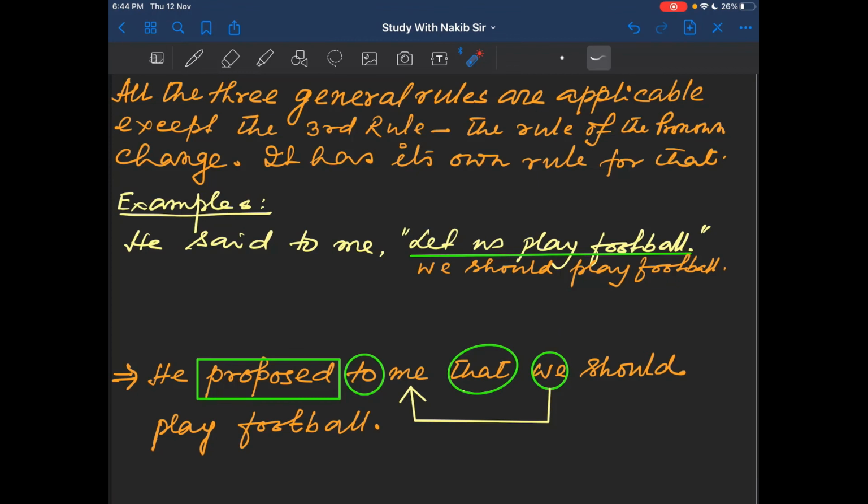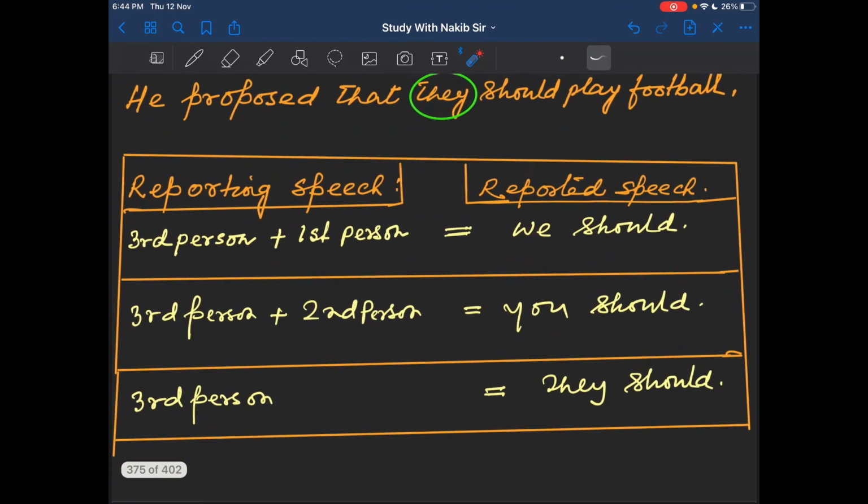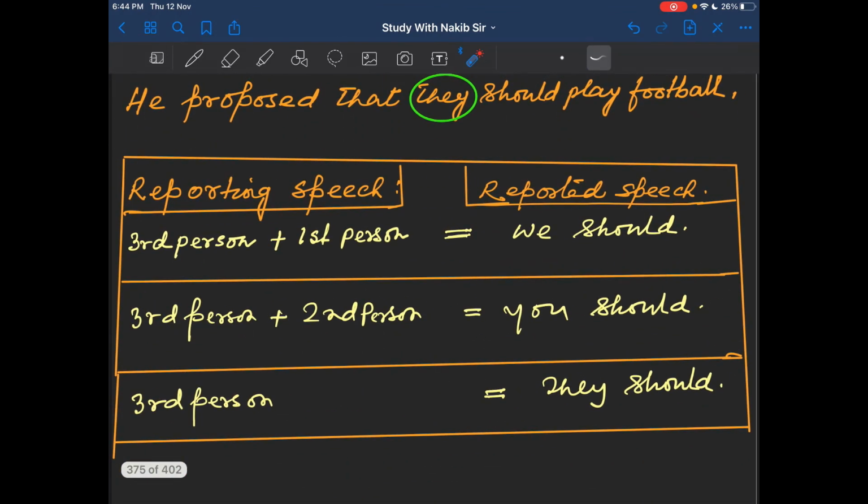Why is it like this? See the rule here written. If the reporting speech has the first person pronoun, we will remain unchanged and it will become we should plus verb this way. If the reporting speech has the second person pronoun and first person pronoun is absent, then we will be changed to you, second person pronoun, and it will become you should plus verb.